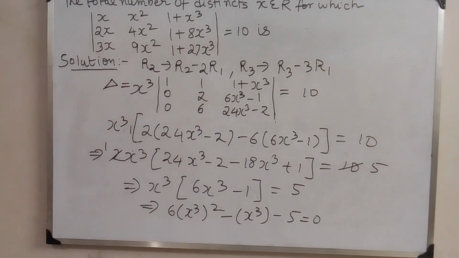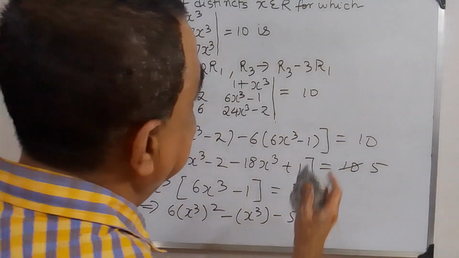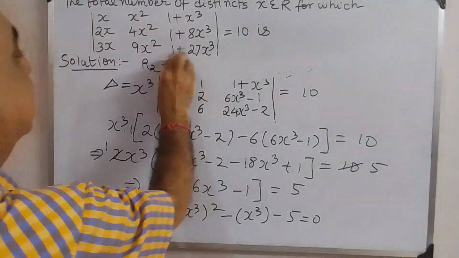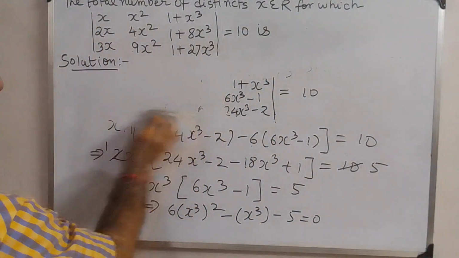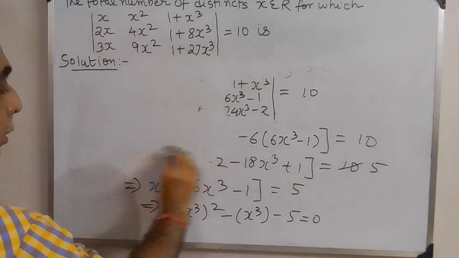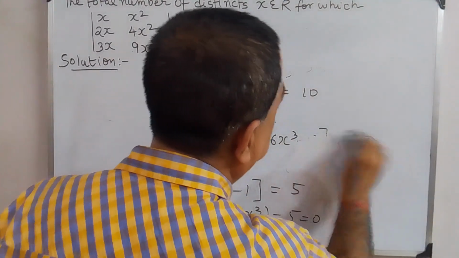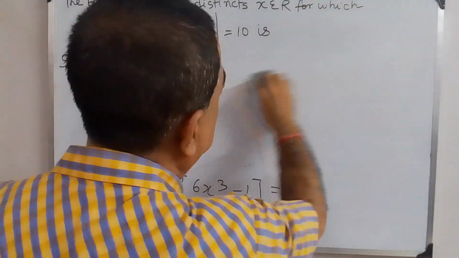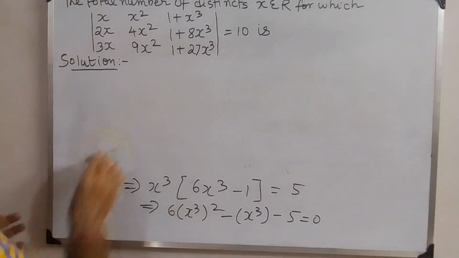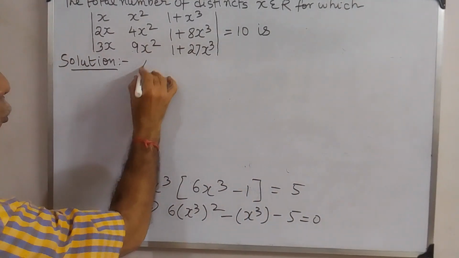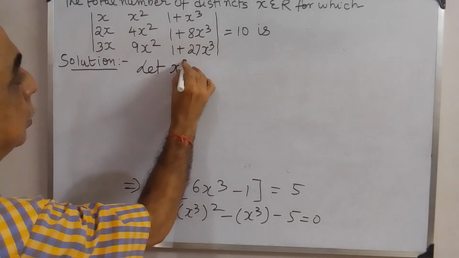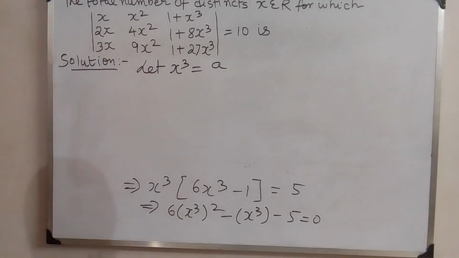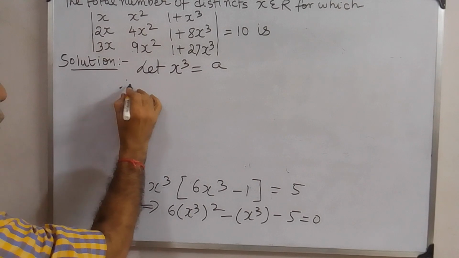So now let us put x cube as any letter. Suppose I am putting A. Let x cube equal A. So what will be the equation then?